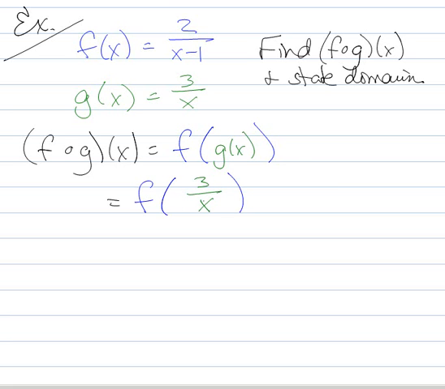And I'm going to do the same thing here that I did last time. I'm going to say, hey, wait a second. I can't divide by 0. So you always have to be on the lookout for things that can go wrong.